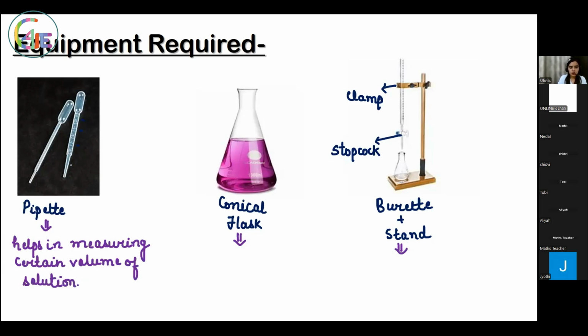Because there are markings on this pipette, as much amount as we need, we just take it with the help of the pipette and then transfer it to some other thing. So here we use it for transferring our solution into the conical flask as well as the burette.